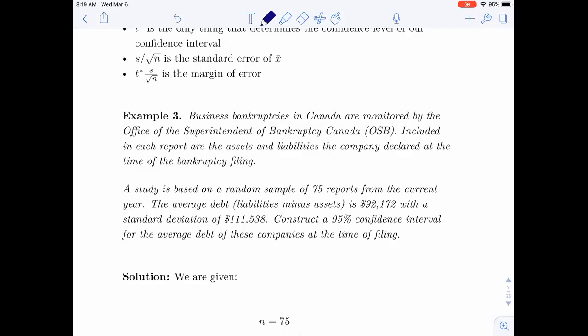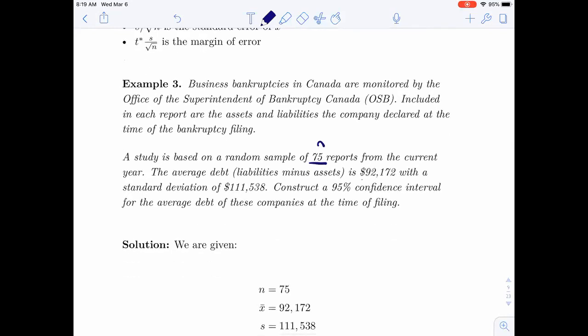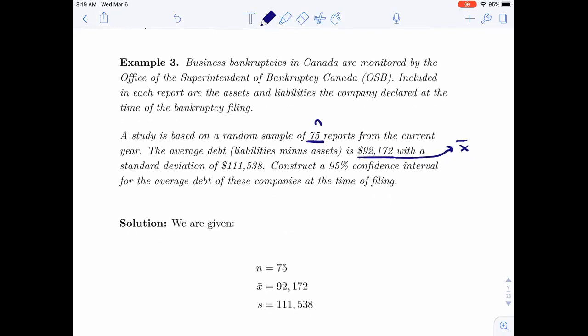So here, let's just go through and highlight. Here's our N. This is from our sample, making it X bar. And here, it's our sample standard deviation.